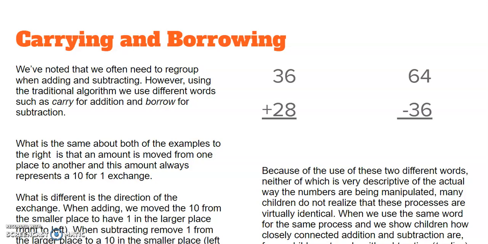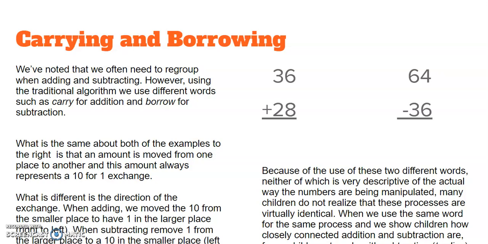Where if we were subtracting, we look at our ones, we cannot take 6 ones away from 4 ones. There's not enough. So we would have to take one of the 10s, decompose it into 10 ones. So now we have 14 ones minus 6 ones.